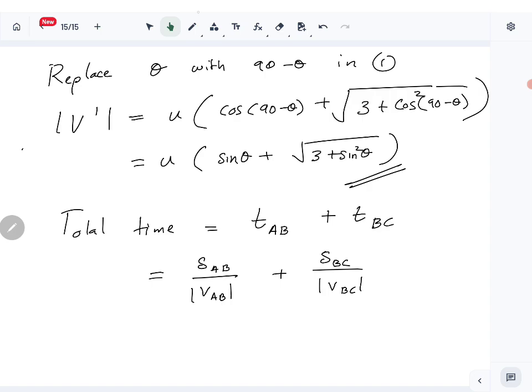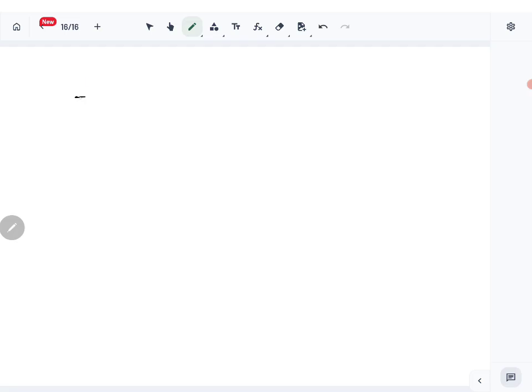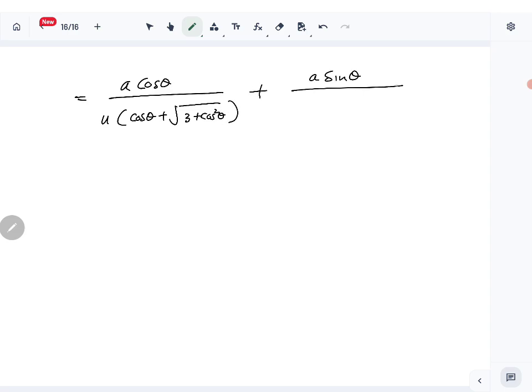So now we can write A cos theta over this one we found, plus distance BC, A sin theta over V dash modulus, right? So then substitute those and let's simplify. So total time is a cos theta over u cos theta plus square root 3 plus cos square theta, plus a sin theta over u sin theta plus square root 3 plus sin square theta.